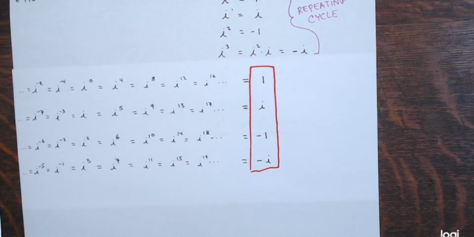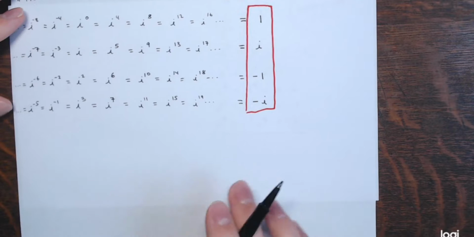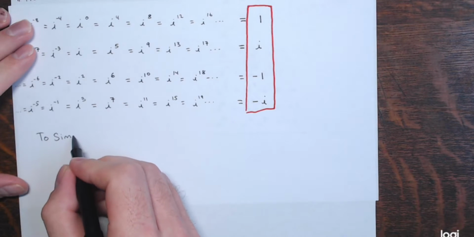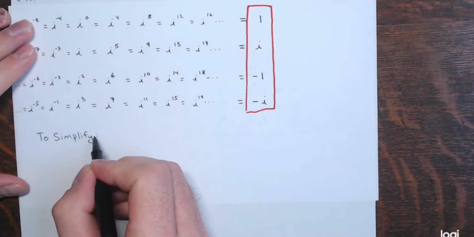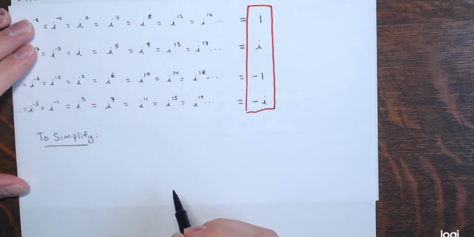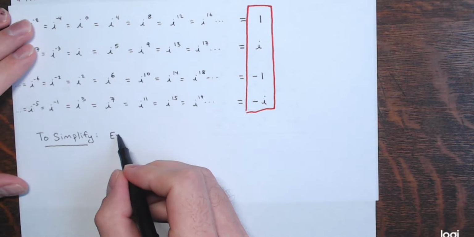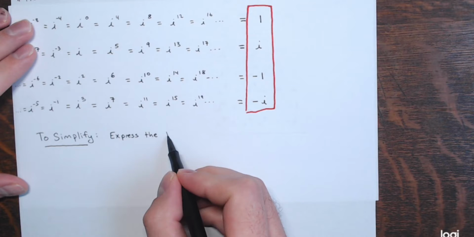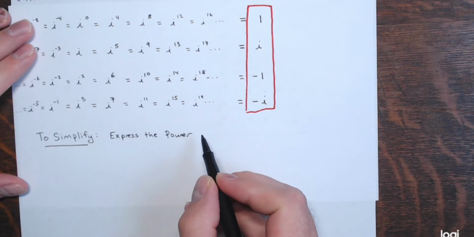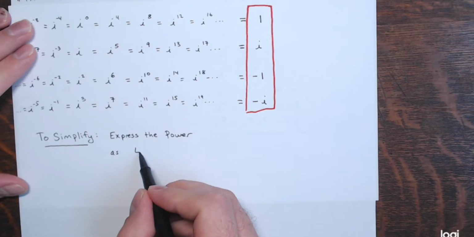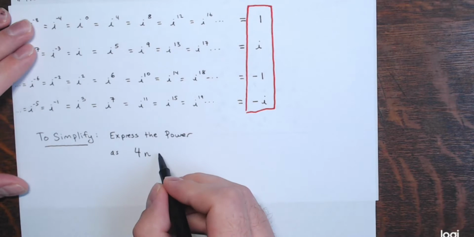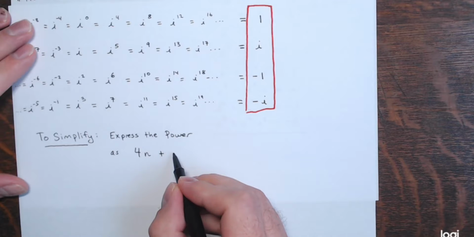Alright. So here's how we're going to simplify. Alright, so to simplify a power of i, express the power as 4 times some integer, say n, plus some remainder.